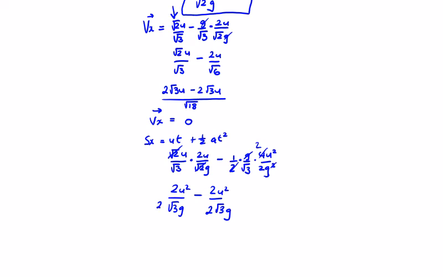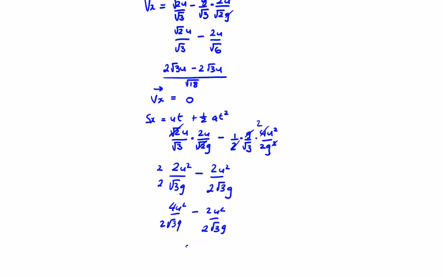I'd have to multiply top and bottom here by 2, so this would be a 4 on top. 4u squared over root 3g, 2 root 3g minus 2u squared over 2 root 3g just gives 2u squared over 2 root 3g for the range, and that simplifies to u squared over root 3g.